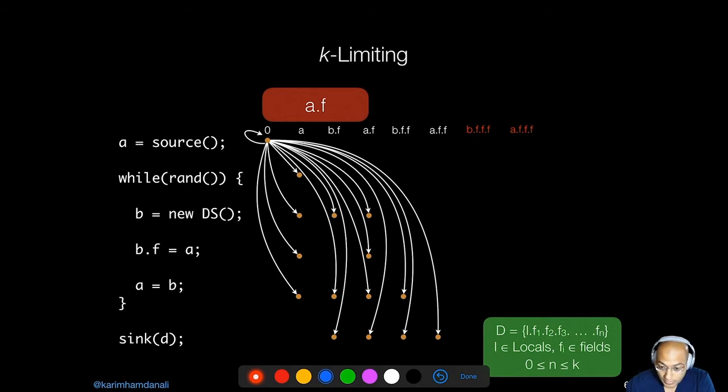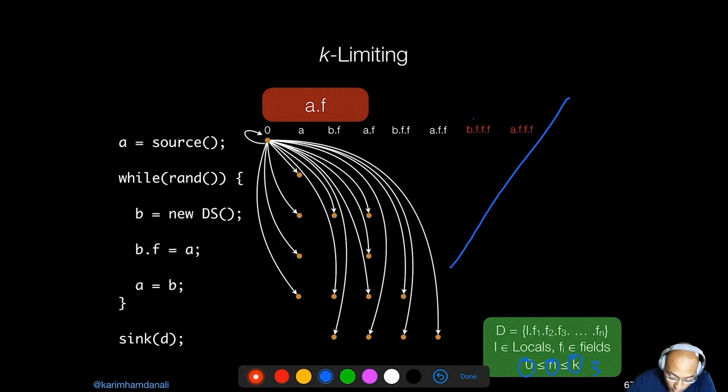So this is the second time we see k-limiting used in our lectures here. So we are going to define some limit k, where that limit k is the upper bound of the value n. So here we're saying, yes, this can grow, but it won't grow indefinitely anymore. We're going to stop this growth up to a certain point. Let that be 3 maybe.